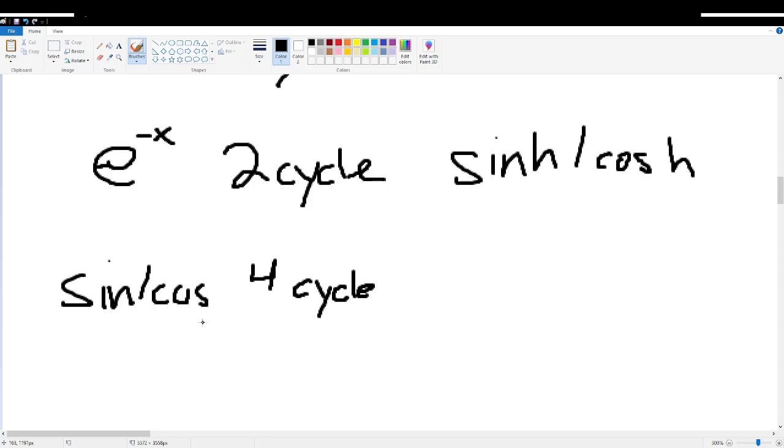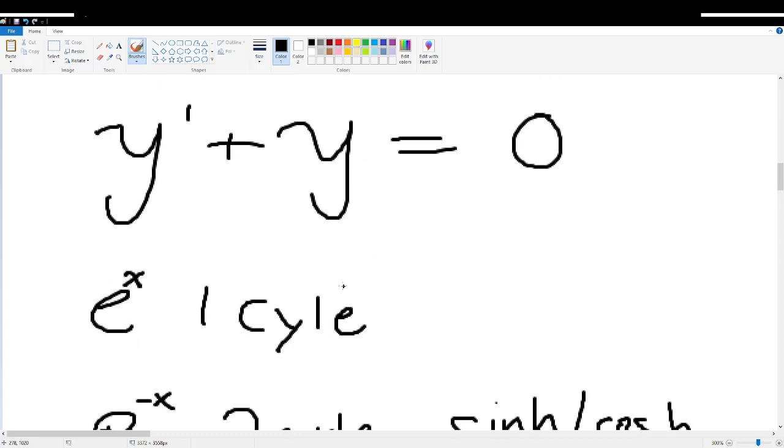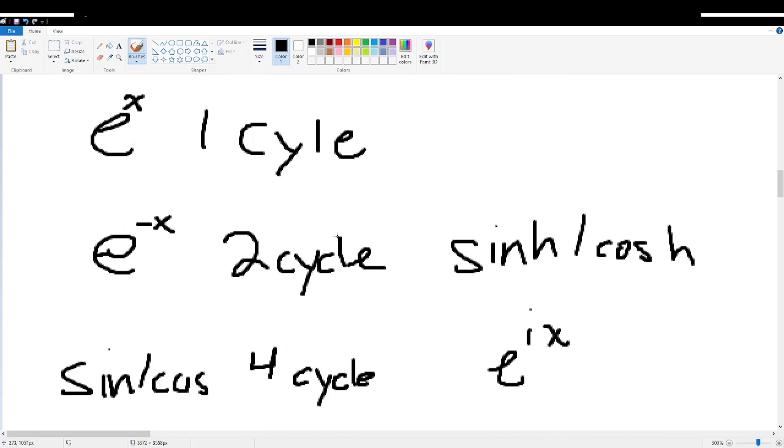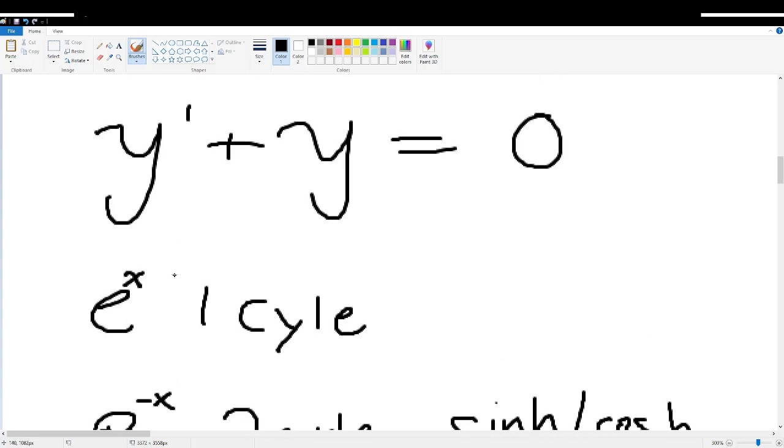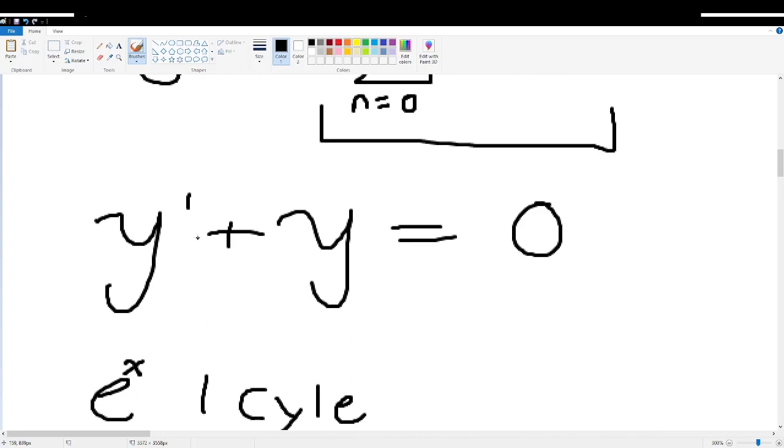But we also know this applies to e to the ix, because beginning at 1, you go 1, i, minus 1, and minus i, and then back to 1. So e to the ix is also a 4 cycle. But in this case, if we take a look right here, e to the minus x, well, yeah, that seems like it satisfies the differential equation, so let's just say y is equal to c1 e to the minus x.